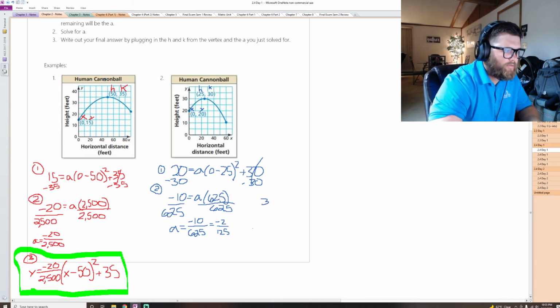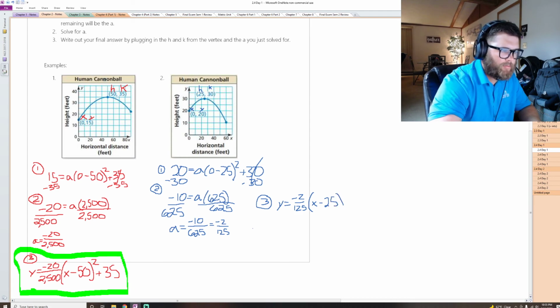And then my third and final step is to plug that a value back in and write the equation just like we did before. So we get y equals a, which is negative 2 over 125, times x minus h squared, x minus 25 squared.